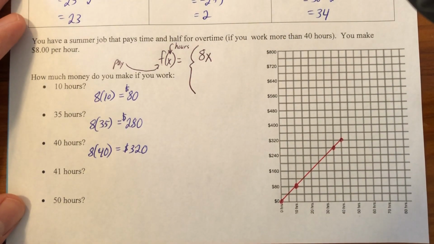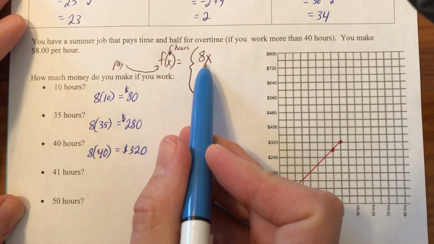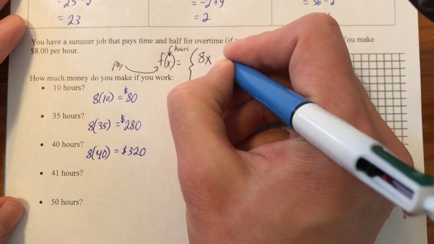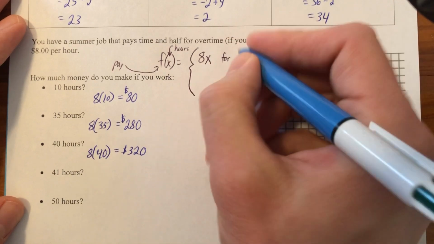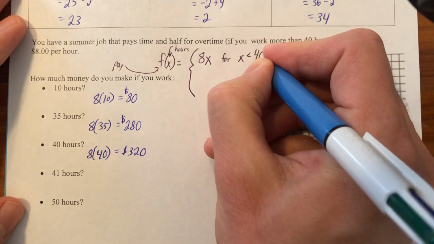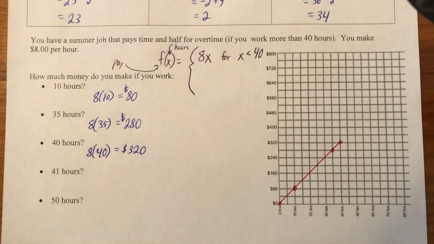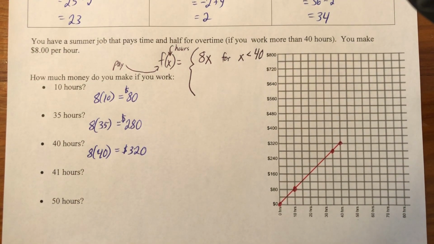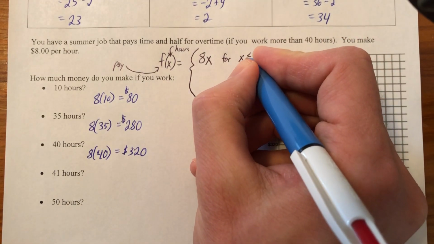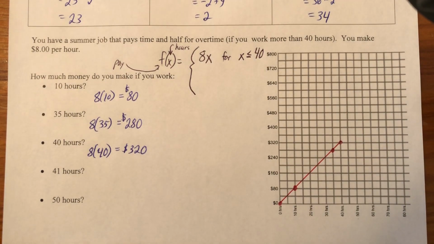So however many hours I work, I multiply it by 8, and that's how much I earn. That's pretty straightforward. And this works for all the x values that are less than 40, which means I've worked 40 or fewer hours. Now, it also could mean that if I've worked exactly 40 hours, I get that. So we'll do less than or equal to 40.